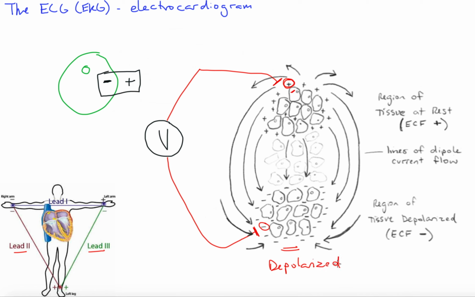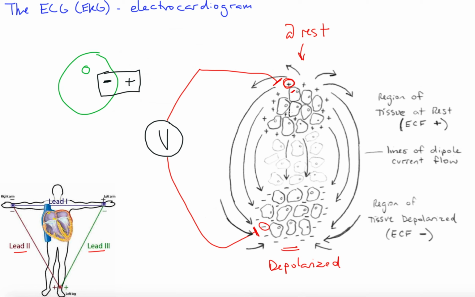Remember, depolarized is when positive charge enters the cell and sort of cancels out this negative charge, bringing the membrane potential closer to zero, or unpolarized. Whereas up at the top here, this area is at rest. We have not depolarized up here.